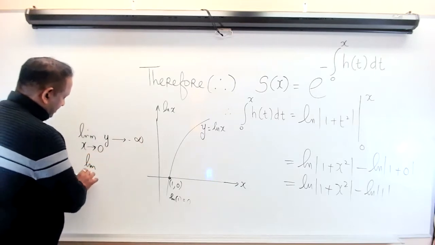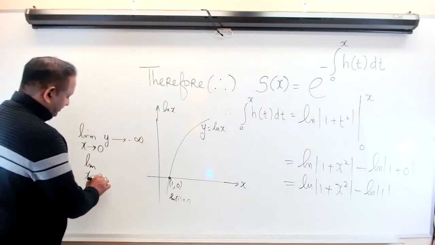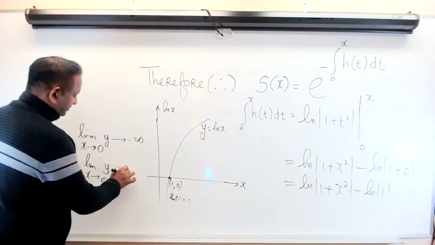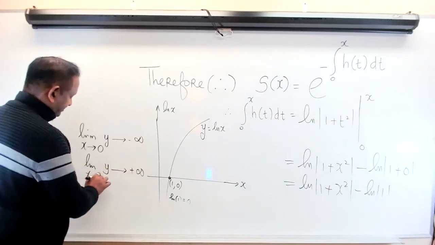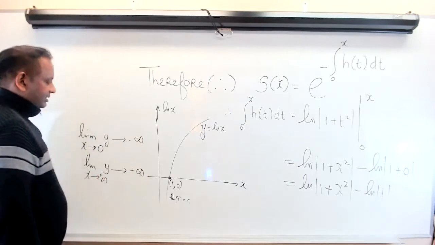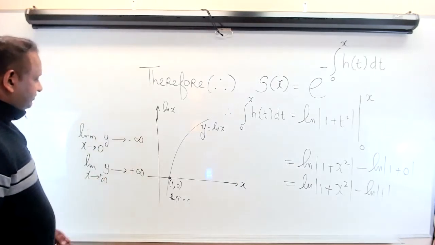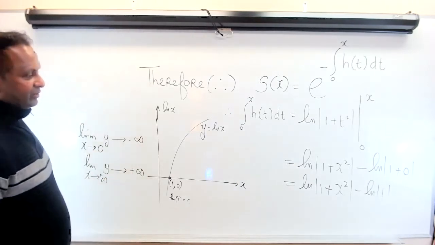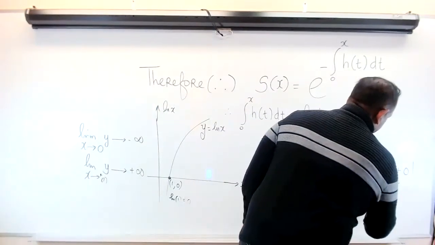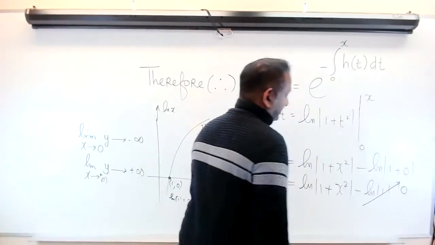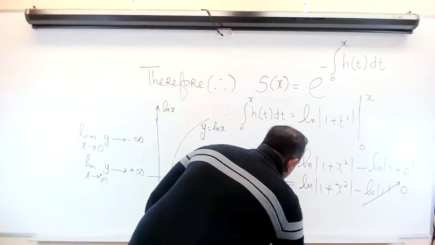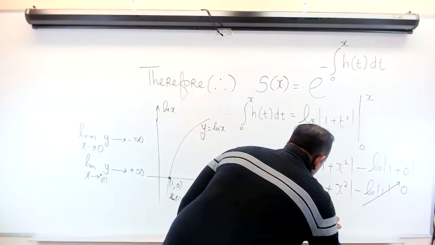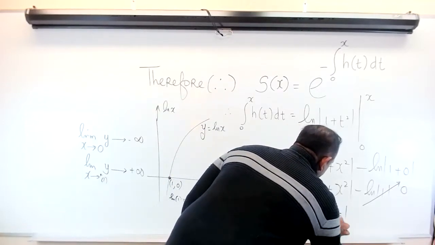As x goes to positive infinity, y also goes to positive infinity. And there's no negative side, so it's okay with the numbers. Therefore, this whole thing is 0, and we are left with ln of 1 plus x squared.